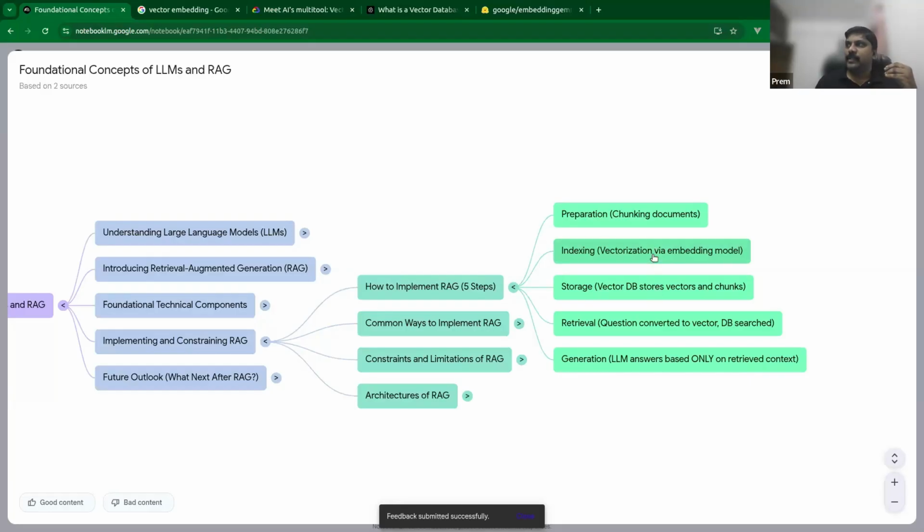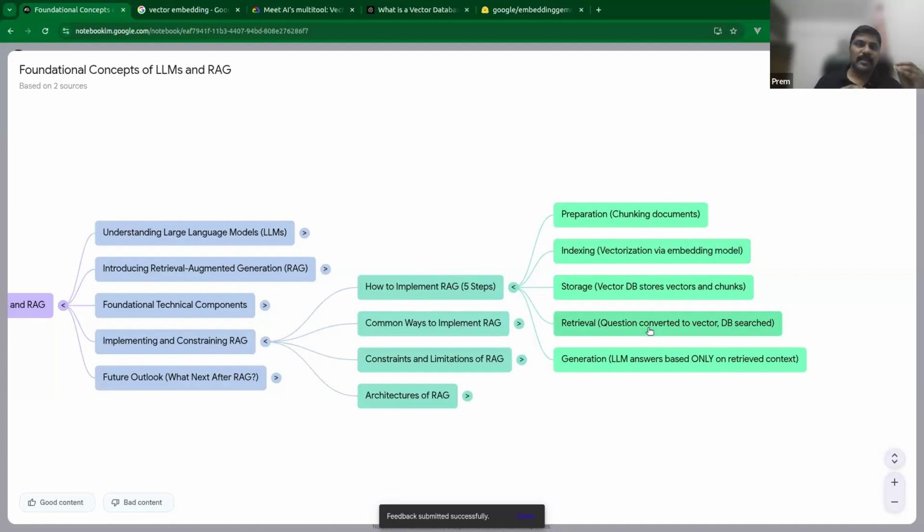Indexing is nothing but vectorizing. Once you have the chunked data, which is small text, using an embedding model you change that to vectors, then store it in a vector database. And then retrieving.